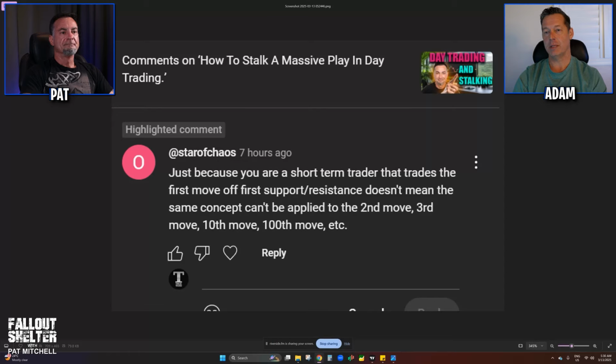What is the difference between the first test of support and resistance at the onset of the day versus the 100th test of that? What could happen? And I think that's where your experience comes into play here. Well, why would it be different? Well, there's a lot of differences. The main difference is variables.